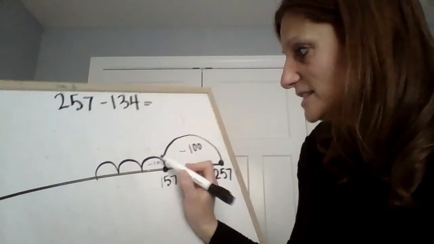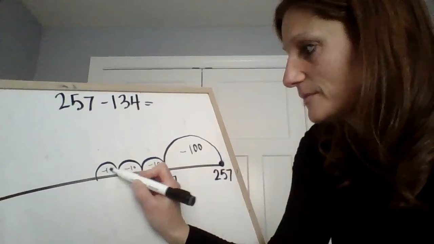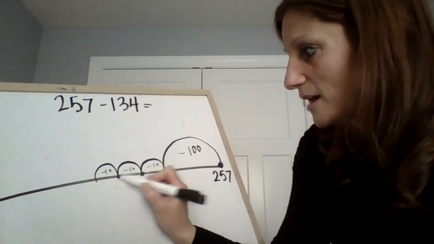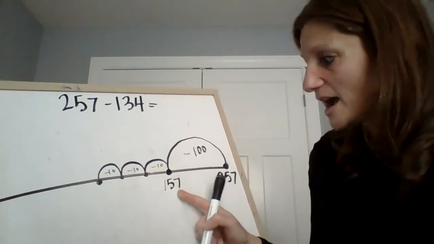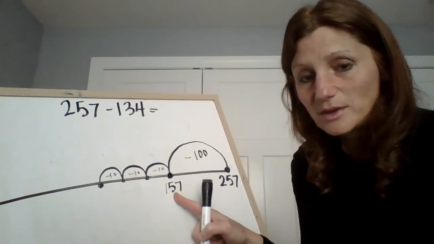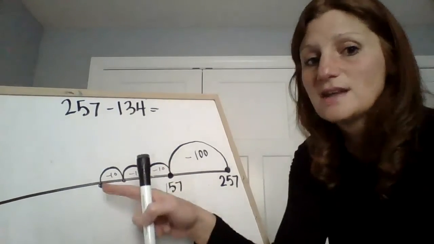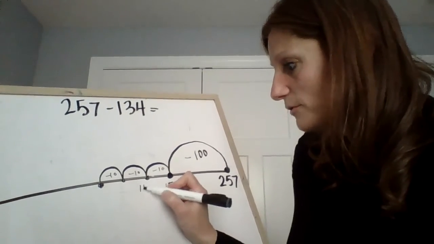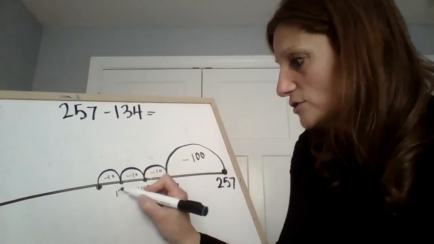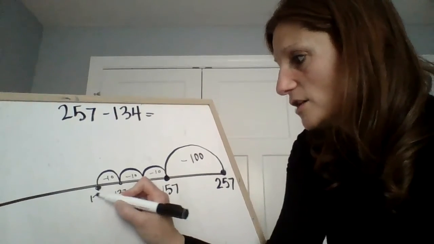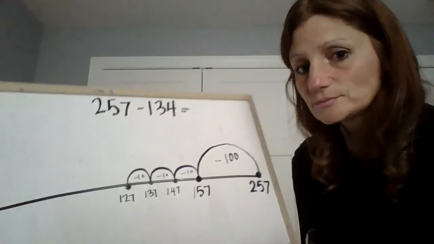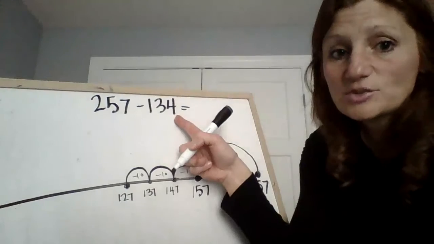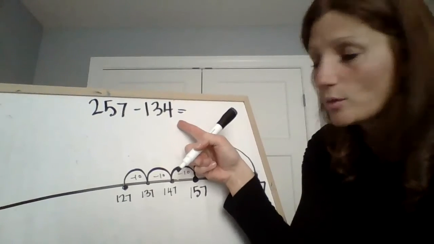And I'm going to write minus 10 in each of these because I'm just jumping back by tens. Okay, so now we're just going to be changing our tens place because we're just taking away tens. So we're going to go from 157 to 147, 137, 127.